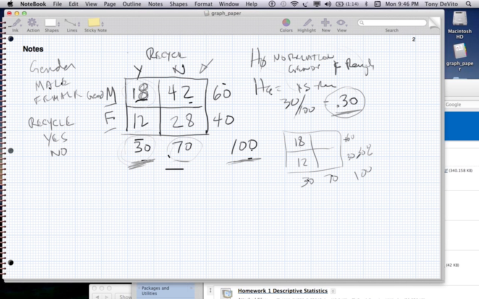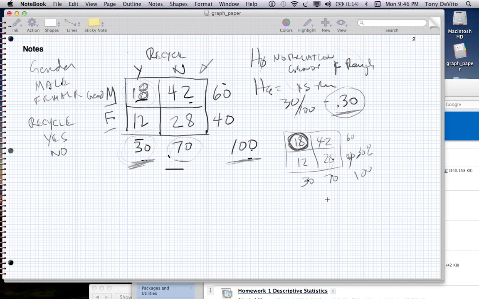It's 18 in here, and this going across here is a sum of 60. Well, this box has to add up to 42, and then finally down here, this has to add up to 28 in order for this to be 70 and for that to be 30, right? So did I make a mistake there? 40, I'm sorry, 40.